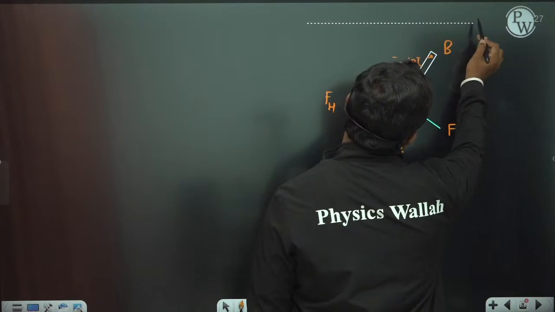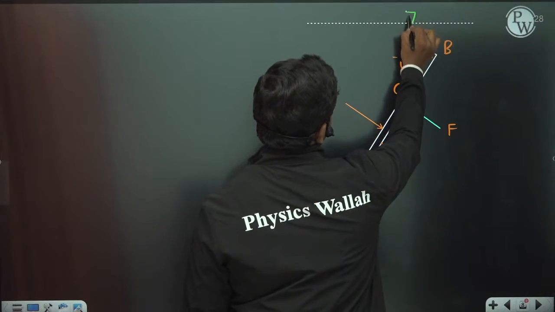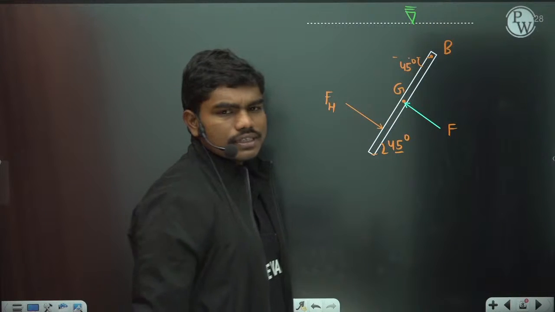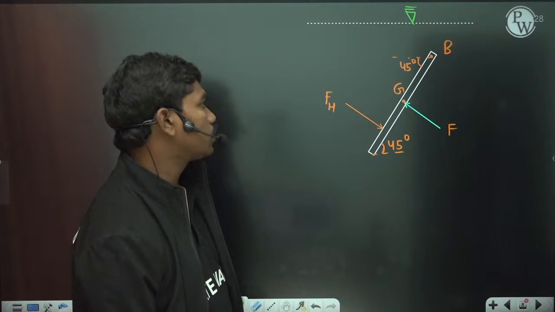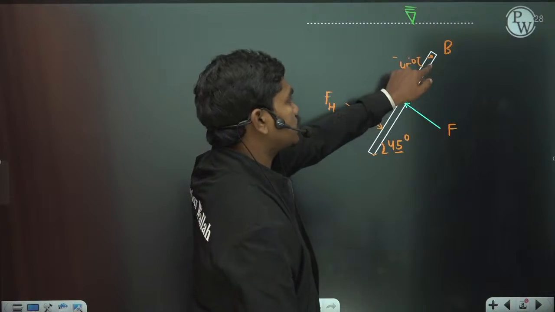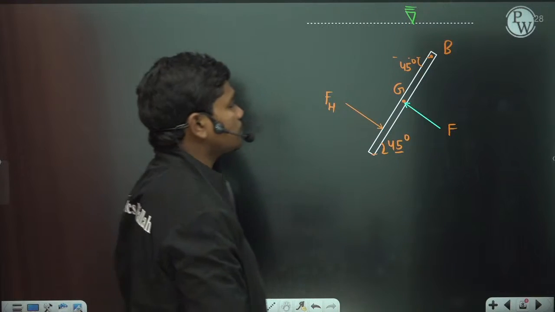So this is the free surface of the fluid. Whenever the free surface is here, the moment concept is also required. Of course, because the plate is rotating about this hinge, the plate can oscillate about it. That's why we see this 45 degrees.